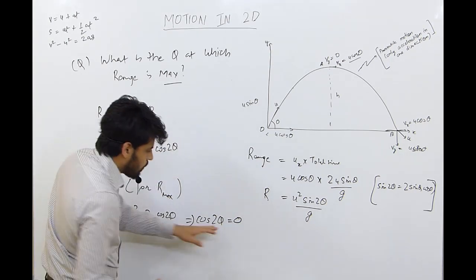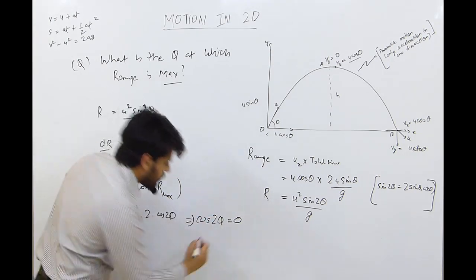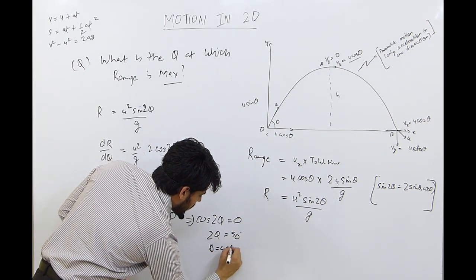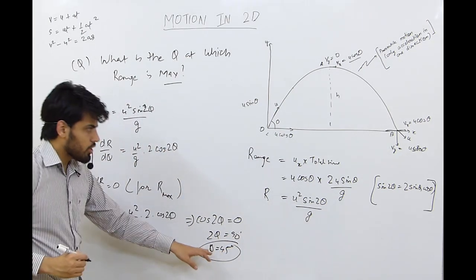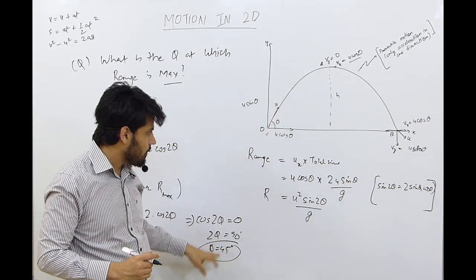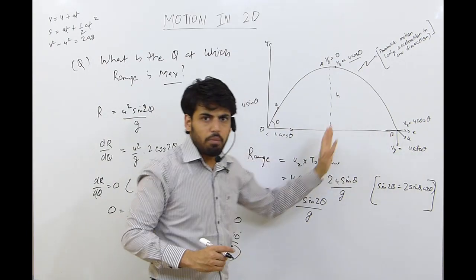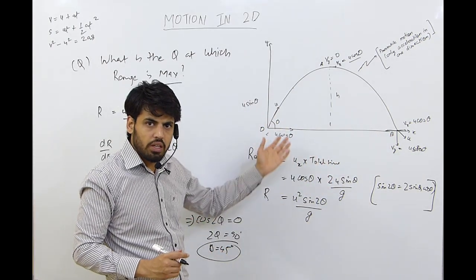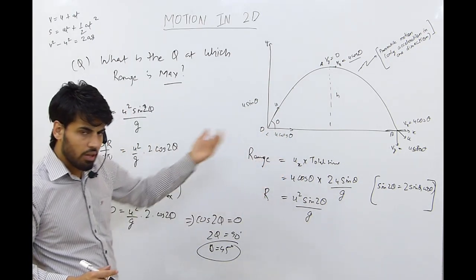So at what angle is cos 0? That is, 2 theta is equal to 90 degrees and theta will be 45 degrees. This means if we throw an object with velocity u at an angle of 45 degrees, then the range will be maximum only in that case. If we decrease or increase the angle, the range will definitely decrease.